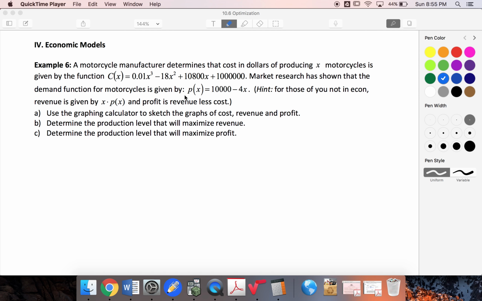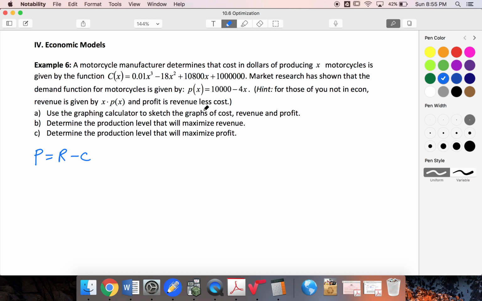This one I would assume that everyone should know: profit is revenue minus cost. That's a given. But knowing how to turn a demand function into revenue should not be expected. Knowing this now, and with me telling you this, we can solve this problem.